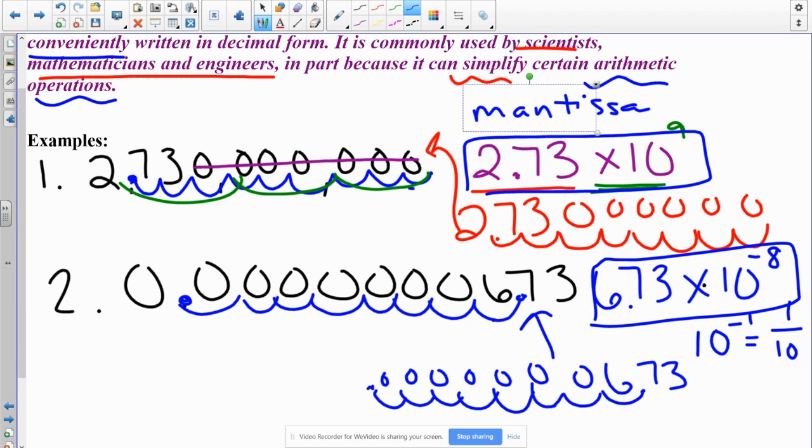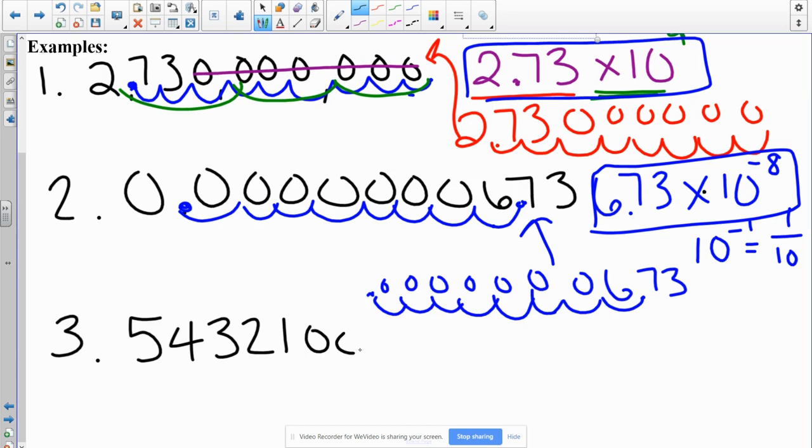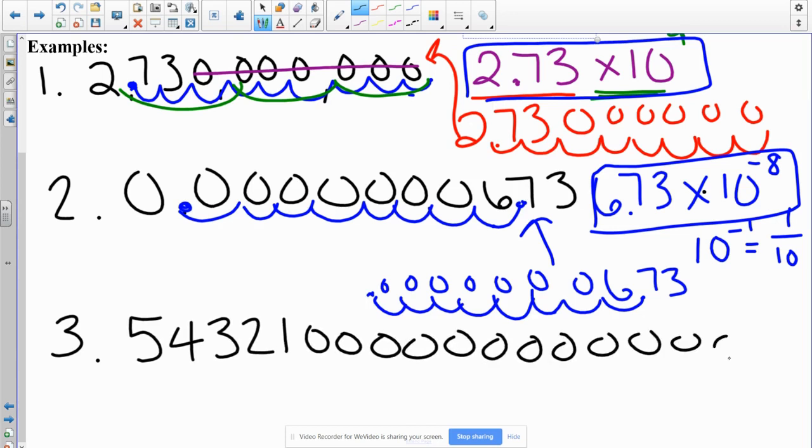Okay, let's look at one more example here. Let's go with a bigger number. So 5, 4, 3, 2, 1, 0, 0, 0, 0, 0, 0, 0, 0, 0, 0, 0, 0.